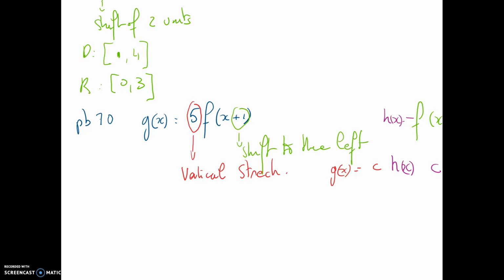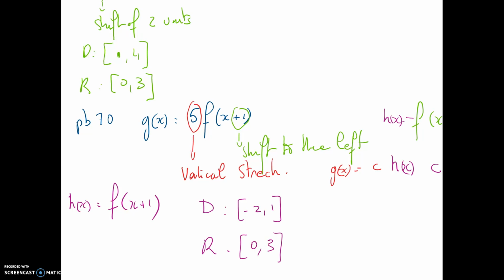So first of all, let's work on h of x equal f of x plus 1. I said that the domain changes into [-2, 1]. And my range, on the other hand, for this function f of x plus 1 doesn't change. So technically, my range is [0, 3].